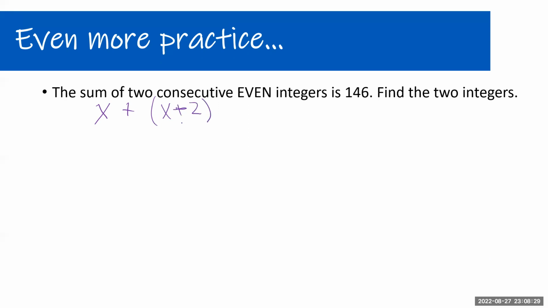The two of them added together have to be 146. So we get 2x plus 2 equals 146, which is going to tell us that 2x is 144, which is going to tell us that x is going to be 72.